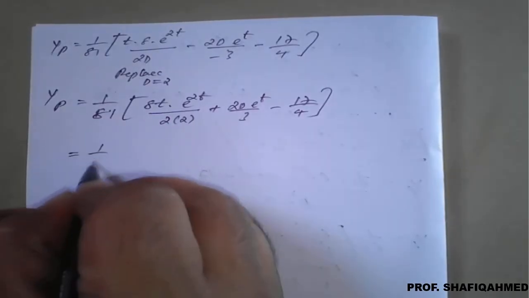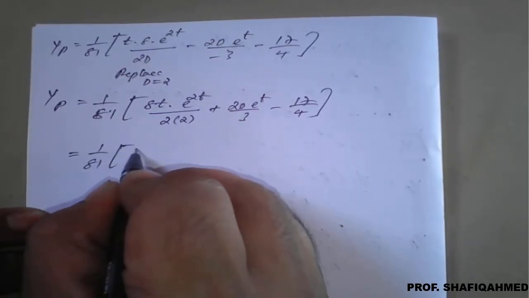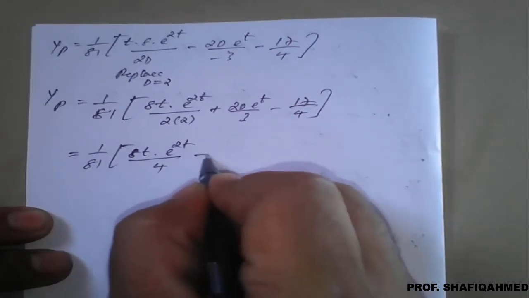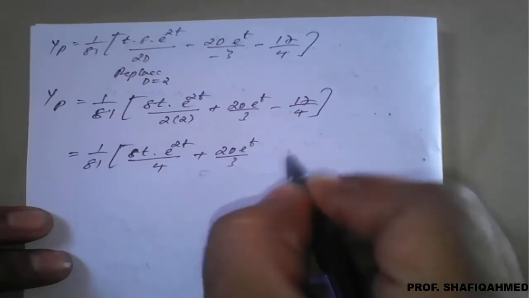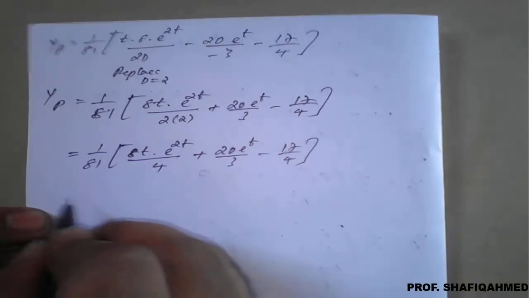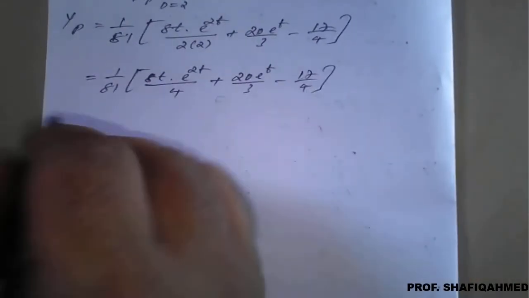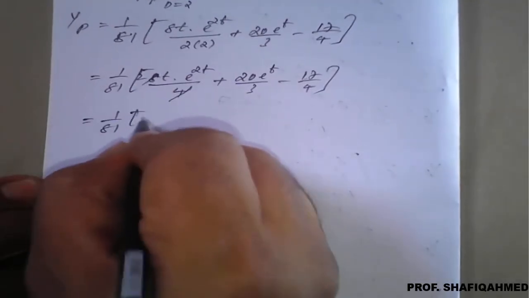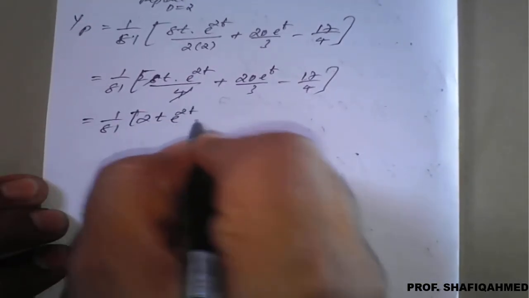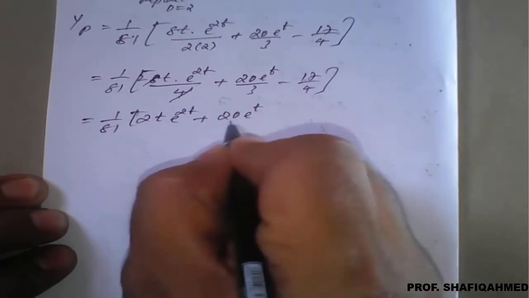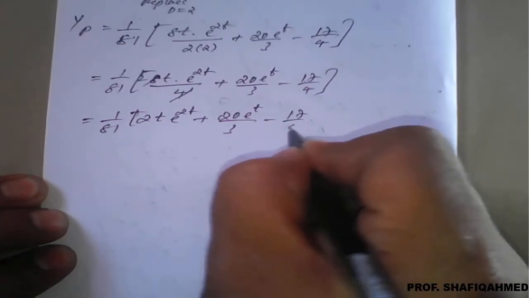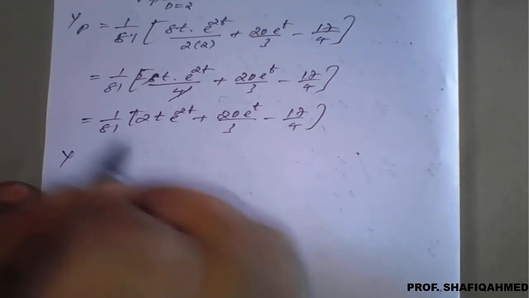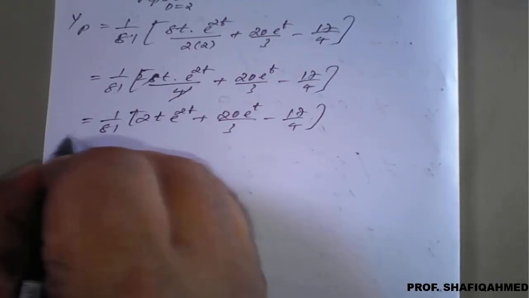On simplification, 1 upon 81, 8t e raised to 2t upon 4 plus 20 e raised to t upon 3 minus 17 upon 4, which is nothing but 1 upon 81 of 2t e raised to 2t plus 20 e raised to t upon 3 minus 17 upon 4. So this is the final yp.